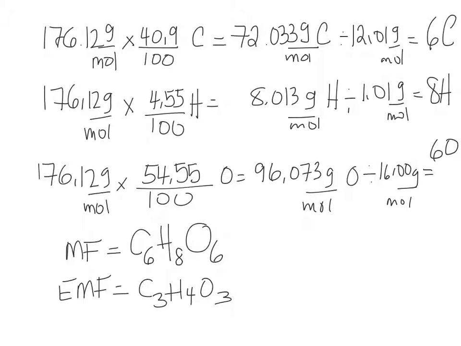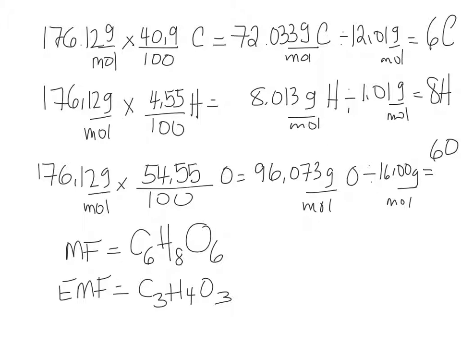There you go. So this, you will always round off the carbons, hydrogens, and oxygens to the nearest whole number. You don't have to worry about a third or a half. Round those numbers off, and then that gives you molecular formula divided to get your empirical formula.